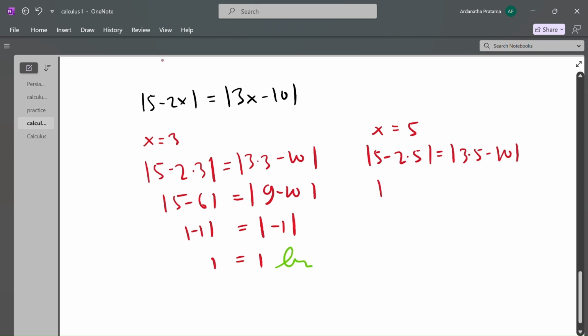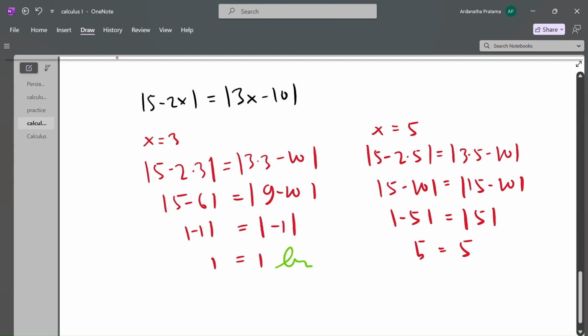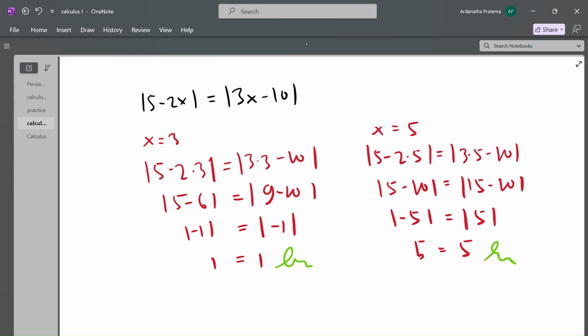And now we have 5 minus 2 times 5, which is 10, equals 3 times 5, which is 15, minus 10. So we got the absolute value of minus 5 equals the absolute value of 5. The absolute value of minus 5 is going to be 5, and this is 5. So we got 5 equals 5, which means that x equals 5 satisfies the equation.